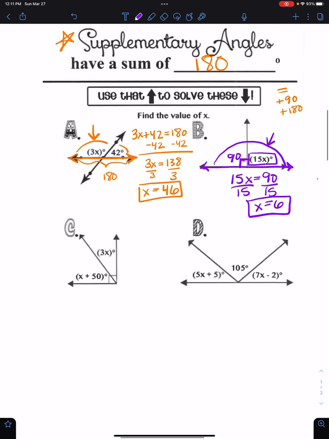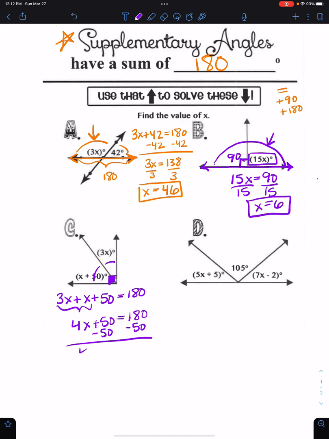All right, this next one, here's another right angle symbol, which means that these two angles, this one and this one, add up to 180. So I'm going to write 3x plus x plus 50 equals 180. I do have like terms on the same side, so I can make that a 4x. And then I'm just going to solve this two-step equation by undoing the constant term first, and then undoing the coefficient.